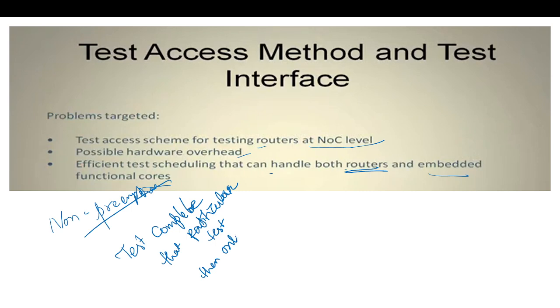Then only it can go to the next test session. So if it has started testing a particular core with a particular thing, it should complete. Then only it has to go to the next thing. So the test scheduling, like that routing path, is completely reserved for that particular test session. Once it is completed, then only we can go to the next step.